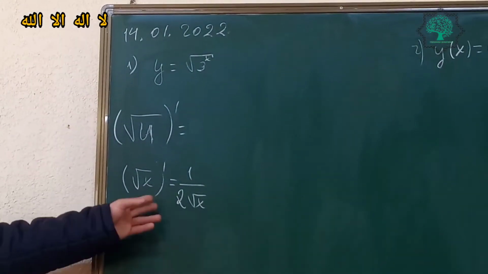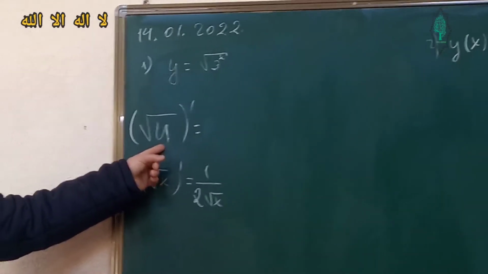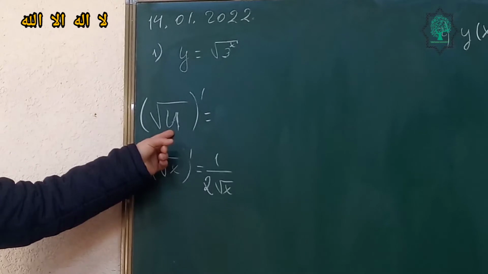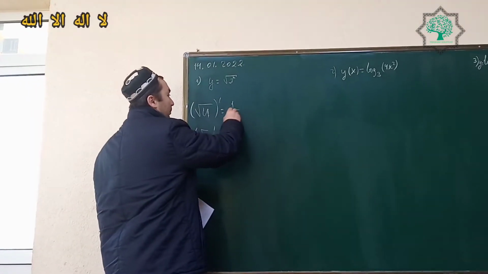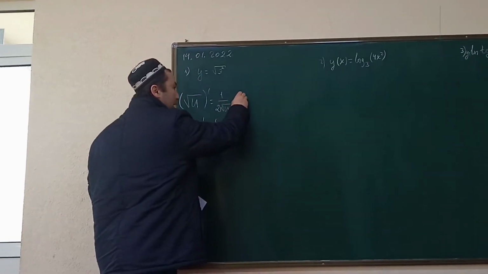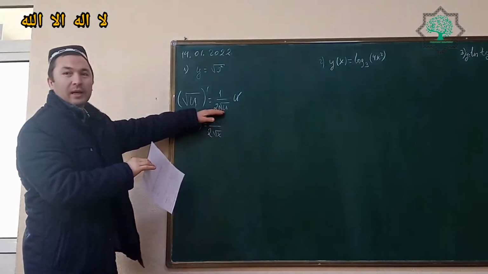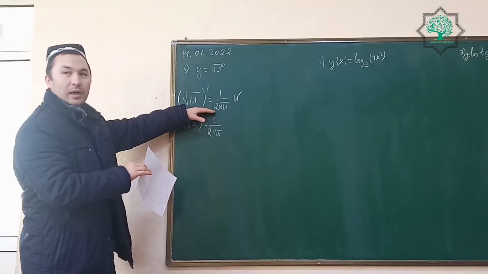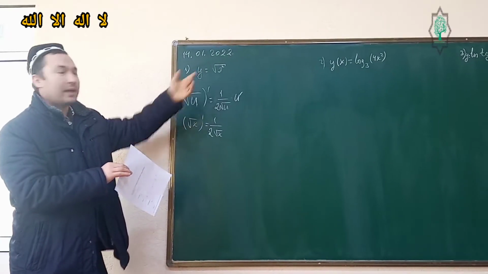Okay? But here is a composite function. That's why what we do? 1 by 2 square root of u and u derivative. Okay? Chain formula. We say it the chain formula. We use this formula in this example. It's too easy, yes? Great.